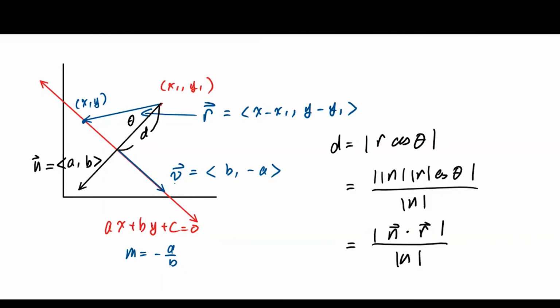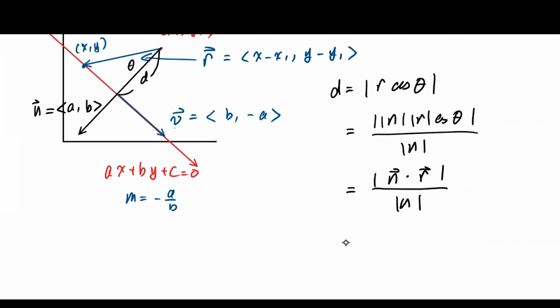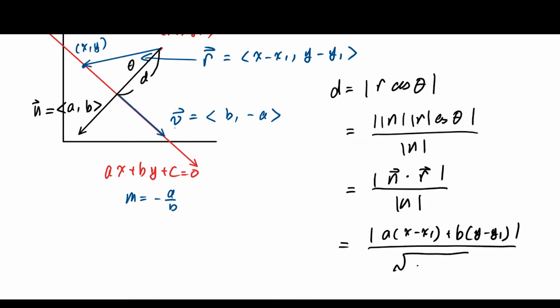Okay, let's start these things because so here's n and here's r. So we have a times x minus x1 plus b times y minus y1 over, what's the magnitude of this n? Of course this, right? Pythagorean theorem, distance formula thingy. So far so good?